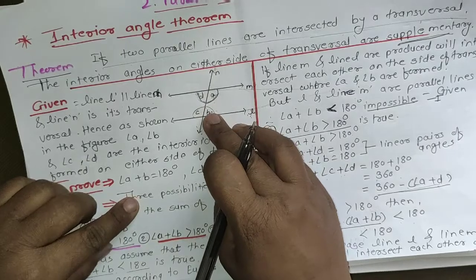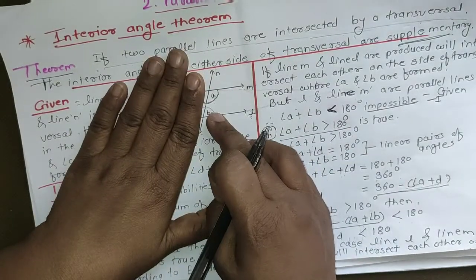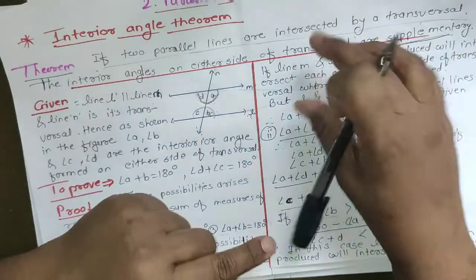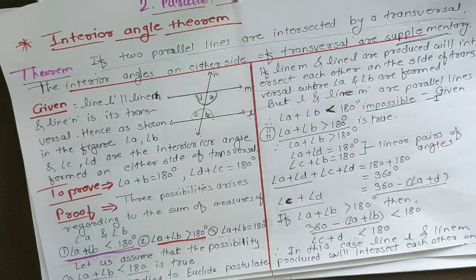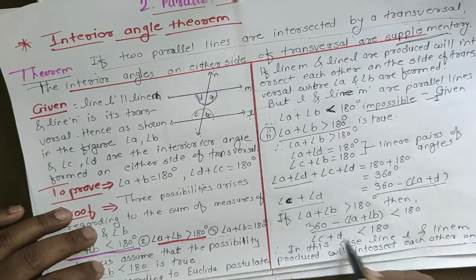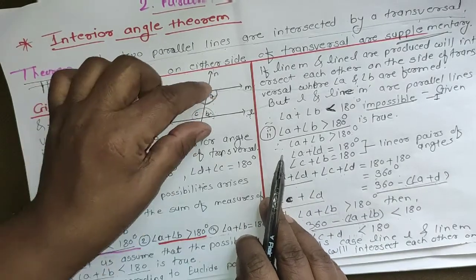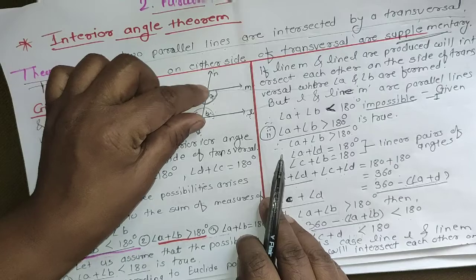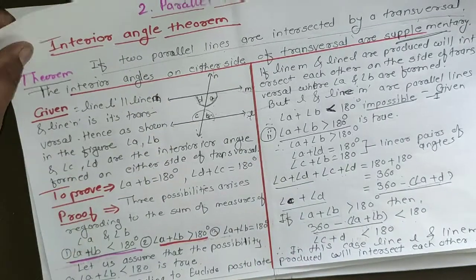The meaning of it is that if A plus B is less than 180, they will intersect each other towards the right side of this transversal. And if A plus B is greater than 180, then these two sides intersect each other towards the left side of a transversal.